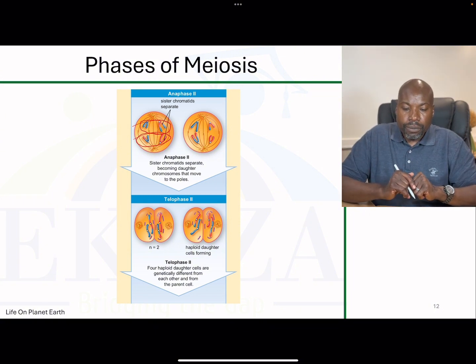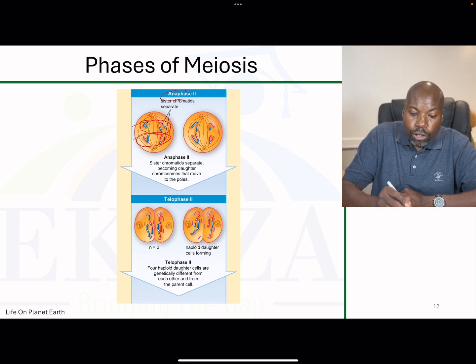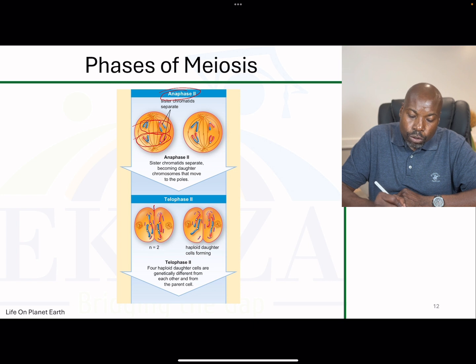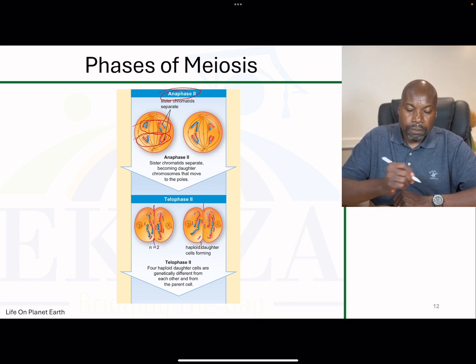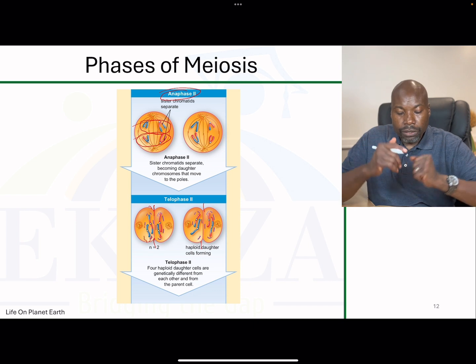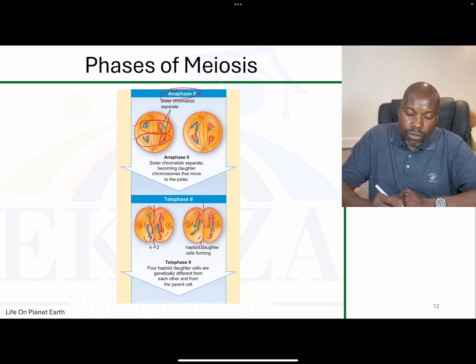Eventually, after anaphase 2, we are going to have telophase 2, where we're going to have, again, cleavage furrows, right? We are going to have the nuclear envelope reconstitute around the chromosomes.